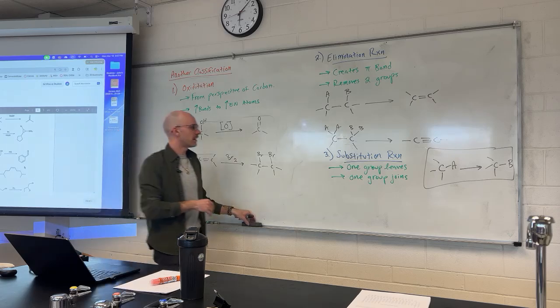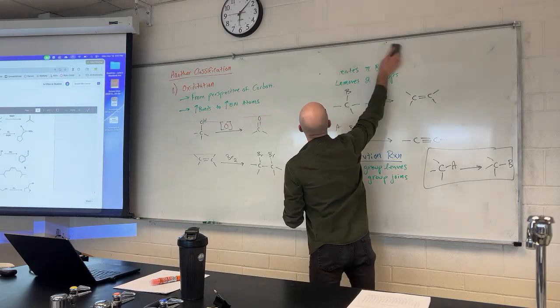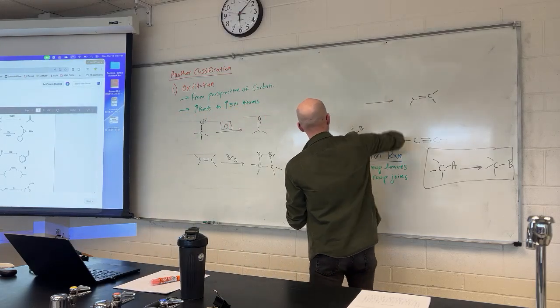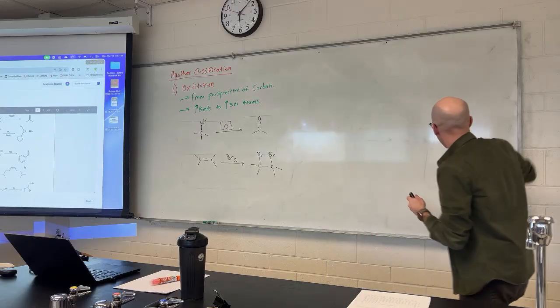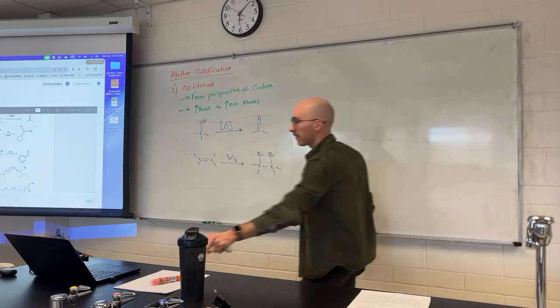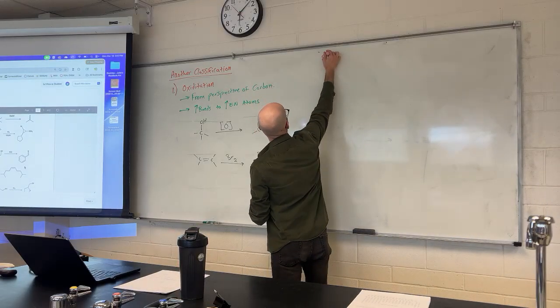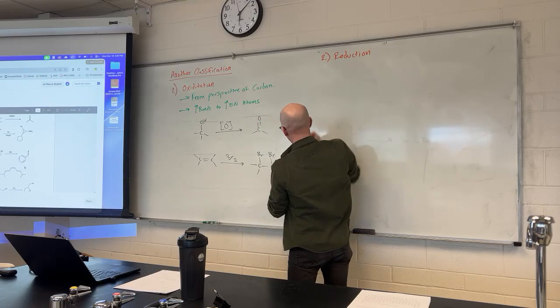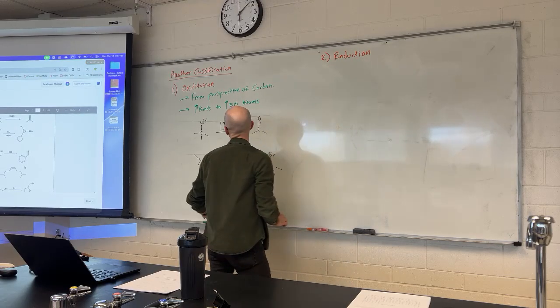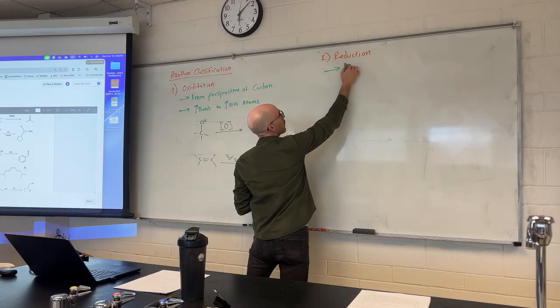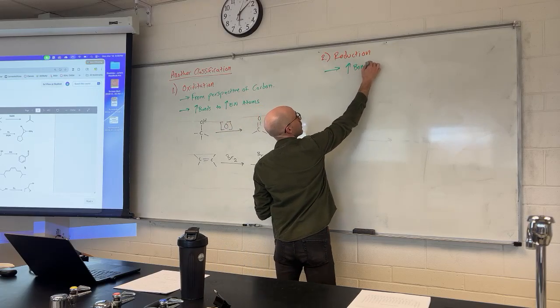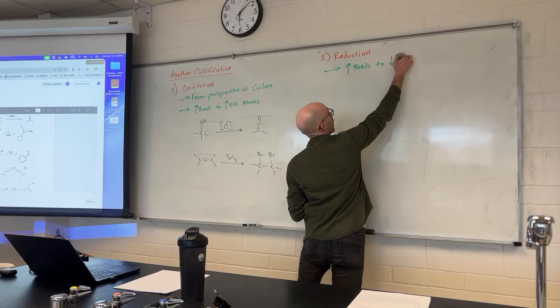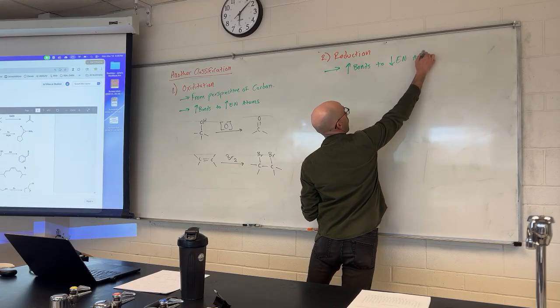Okay, if it's not oxidation, then it's reduction, again from the perspective of carbon. But what would we say happens with our bonds here? We increase bonds to less electronegative atoms.